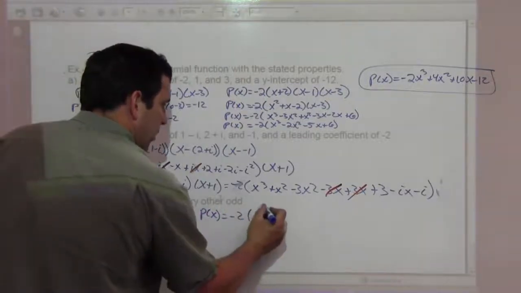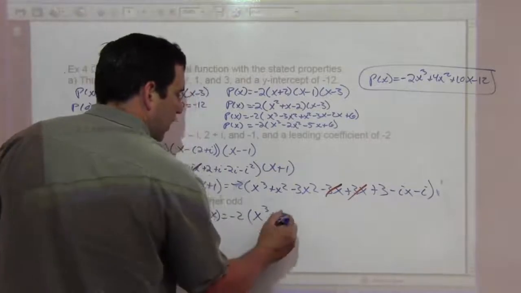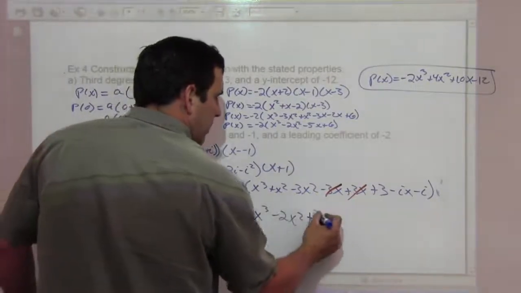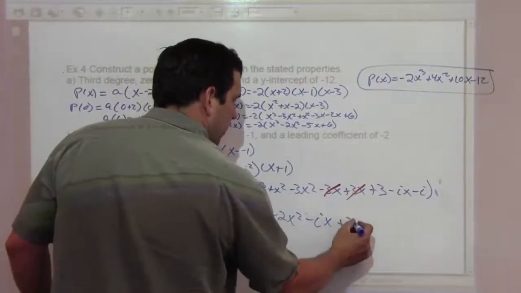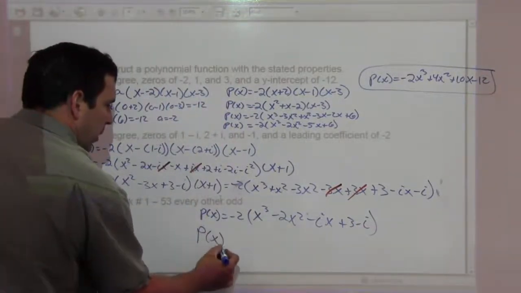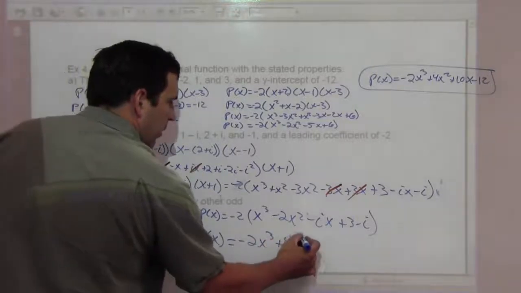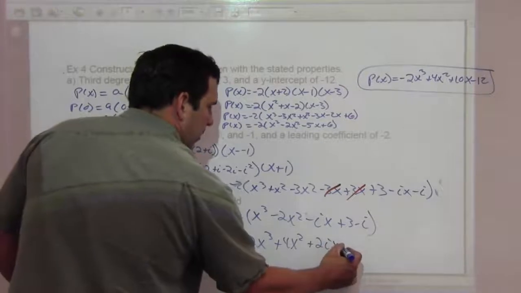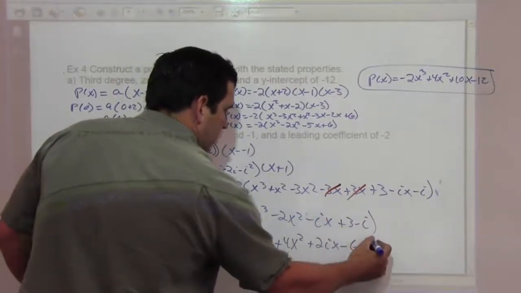So we have x cubed plus x squared. No, sorry, minus 2x squared looks like. Plus, see, minus ix plus 3 minus i. Then multiply everything by that negative 2, and we end up with negative 2x cubed plus 4x squared plus 2ix minus 6 plus 2i.